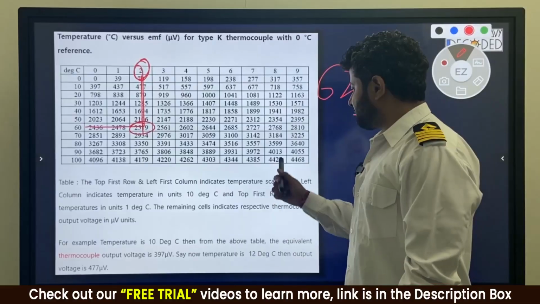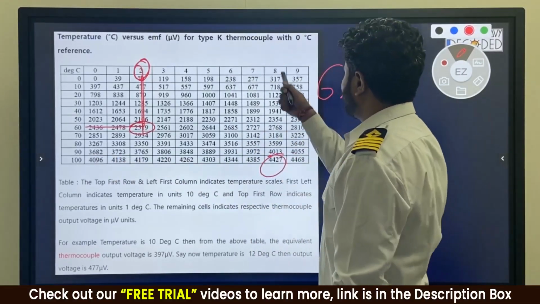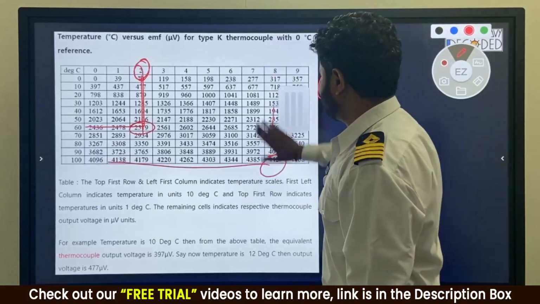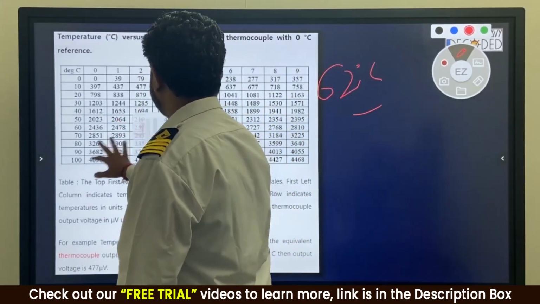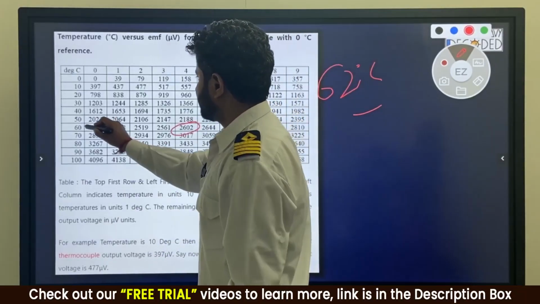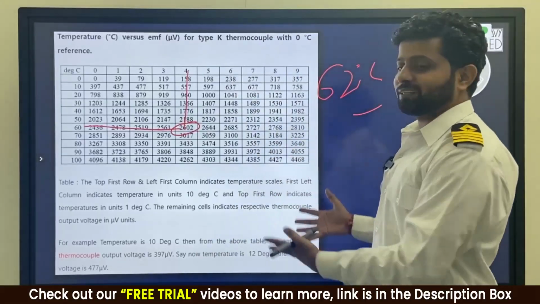If the microvolts would have been 4427, this would have meant 100 plus 8, 108 degree centigrade. If the microvolts would have been 2600, then the temperature would have been 60 plus 4, 64 degree centigrade.